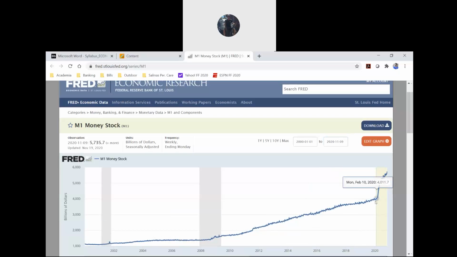But look at what's happened since about February this year. The total amount of currency and mostly checkable deposits has gone up a ton, and that's probably because, number one, the state of the economy is questionable, and the safest place to hold your money is checkable deposits.